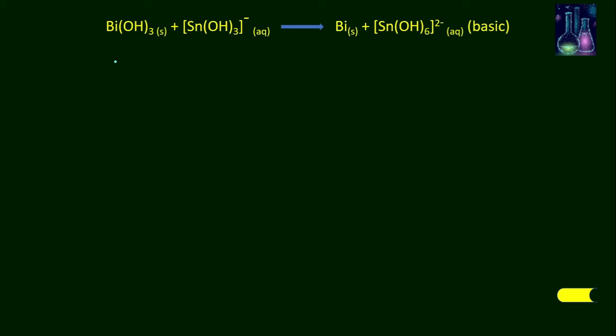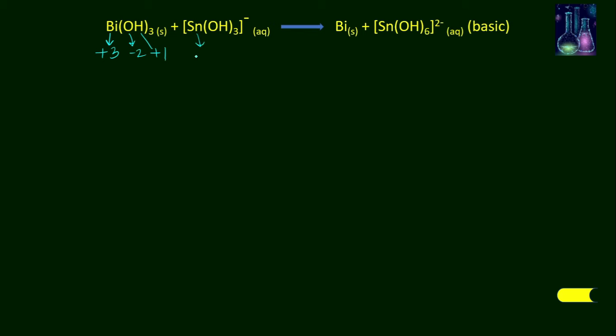So in our third example, we have the skeletal equation in front of us. Bismuth hydroxide reacting with a tin complex giving bismuth plus tin hydroxide complex. Now let's assign the oxidation number. Here bismuth is +3, oxygen -2, hydrogen +1.